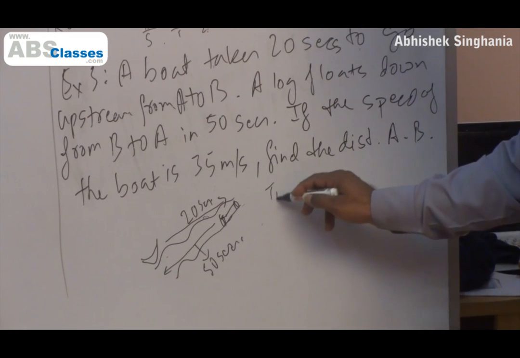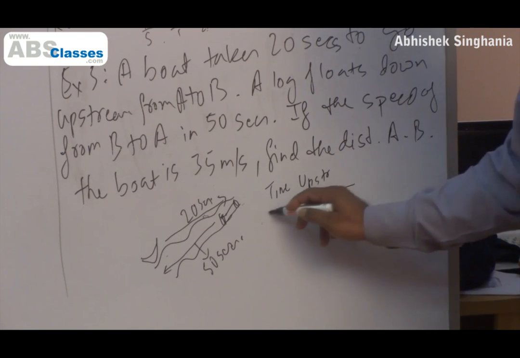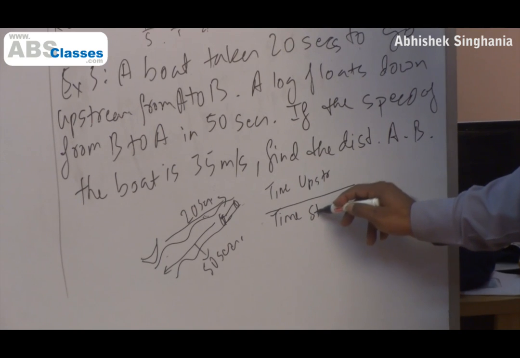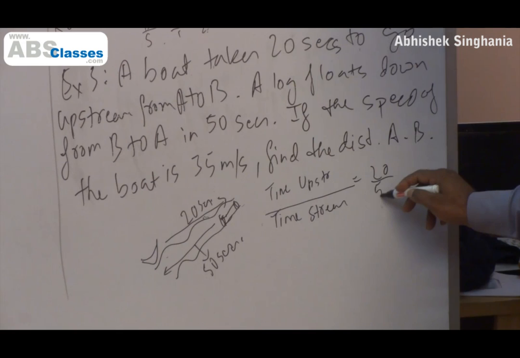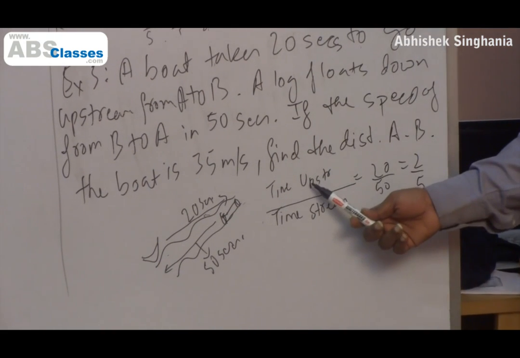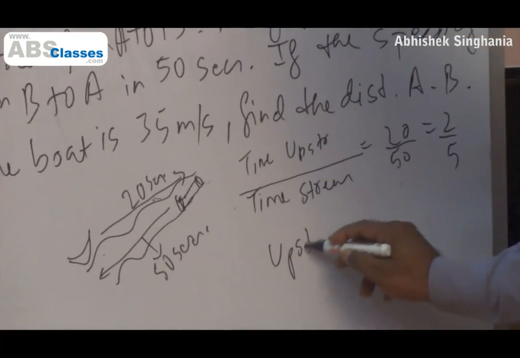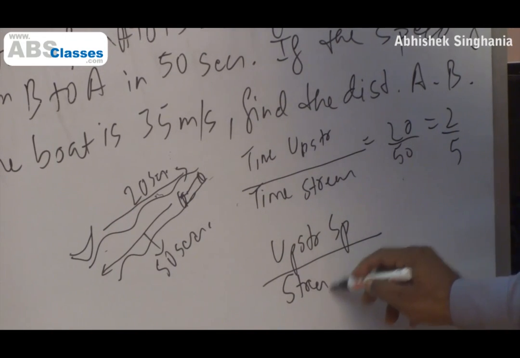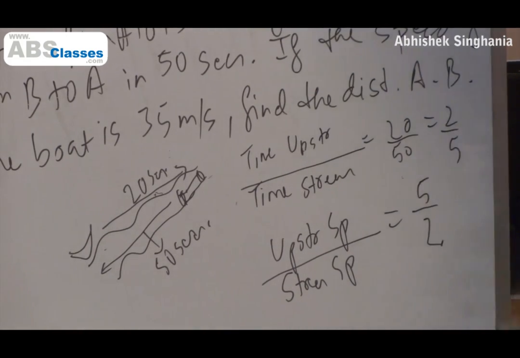That time for upstream against this, boat minus stream, and time for stream, only stream, is equal to 20 by 50 or 2 by 5. Right? Which means upstream speed and stream, only the stream speed will be reverse of this ratio, which is 5:2.